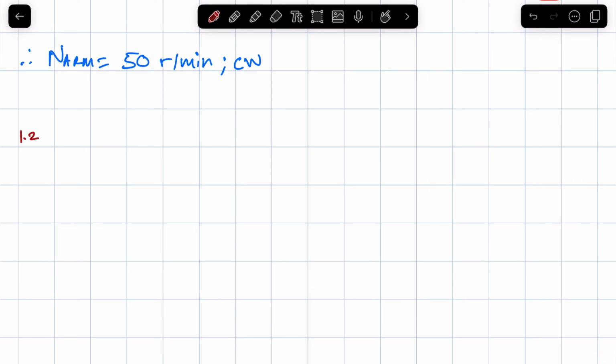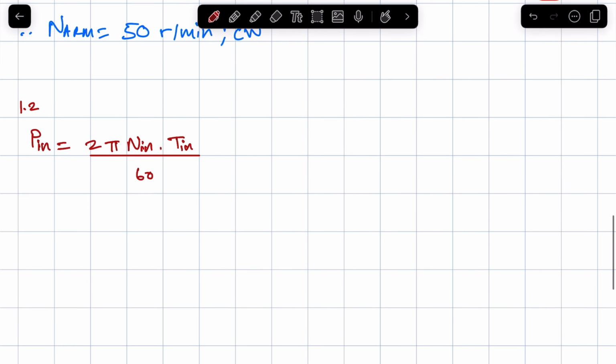So we're looking at 1.2. Remember, power in is equal to 2 pi n in times T in. Now, the rotational frequency is in revs per minute, so we have to divide this by 60, right?